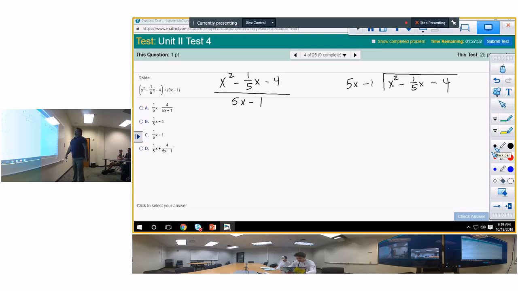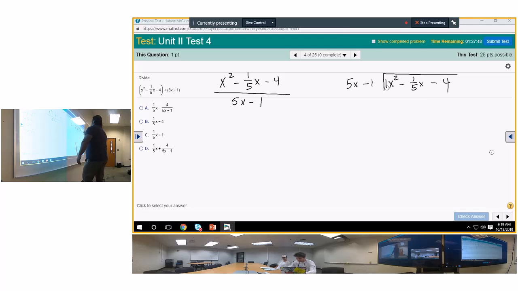So now we just do it. How many times will 5 go into 1? Good job. I was expecting all y'all to sit there and go, I have no idea. 1/5 x. So what's 1/5 times 5x? And what's x times x? x squared. And what's 1/5 times negative 1? Negative 1/5 x.